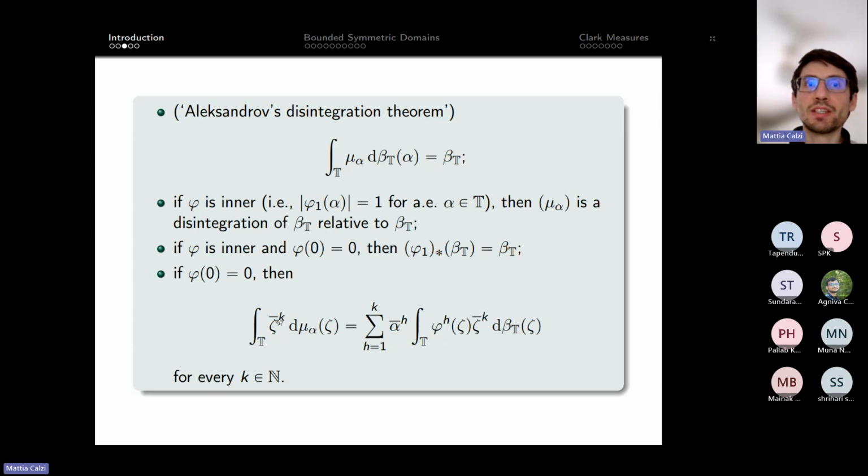And of course, you can also get the Fourier coefficients with zeta to the k without the conjugation, because the measures are positive, and so you can take the conjugation outside and you get all Fourier coefficients.